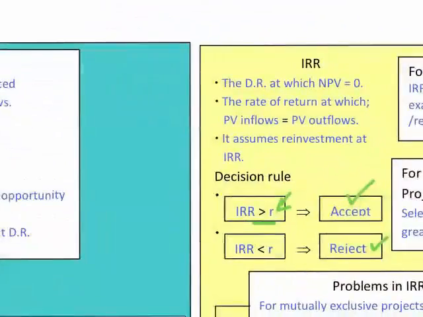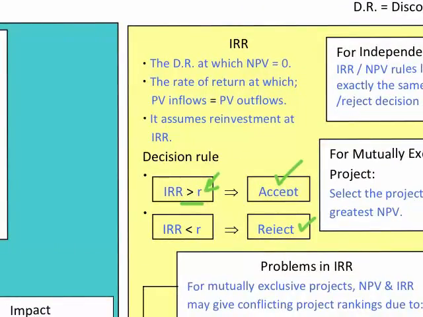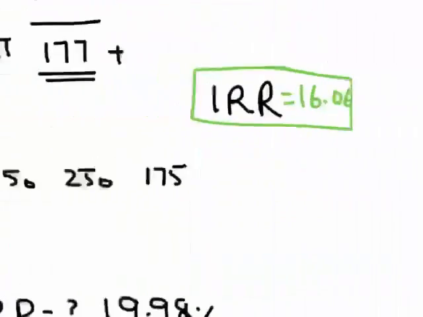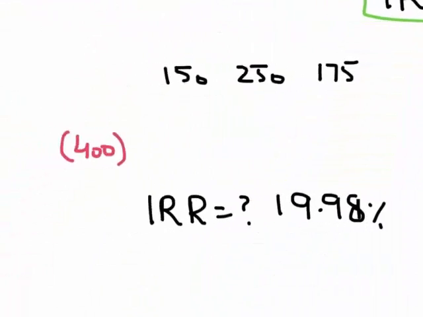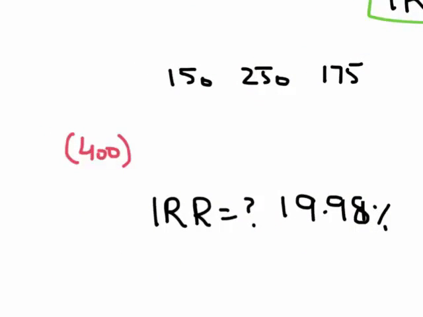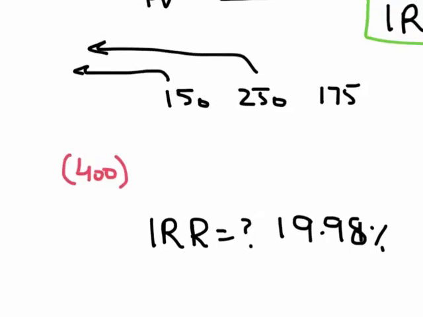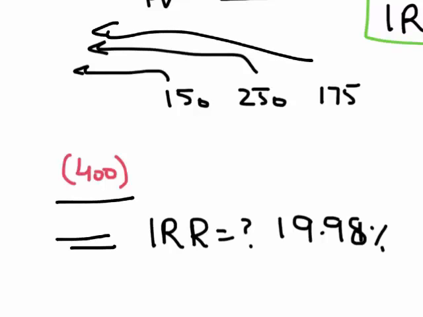So we have discussed NPV and IRR. Now there is an interesting thing: if you calculate the NPV of this project, obviously for NPV, you discount these cash flows and then you calculate NPV. If you use IRR to discount cash flows, you will get an NPV of 0.